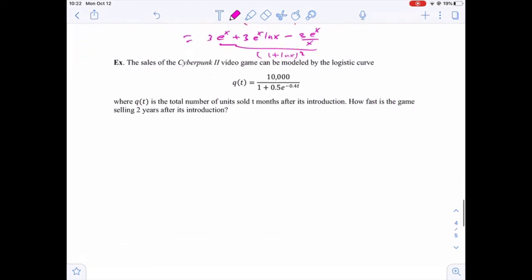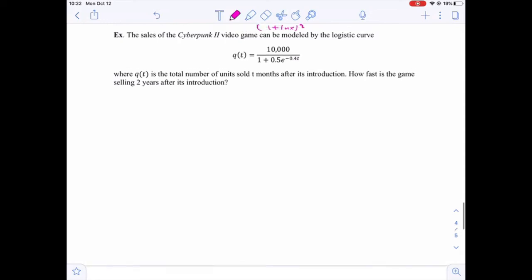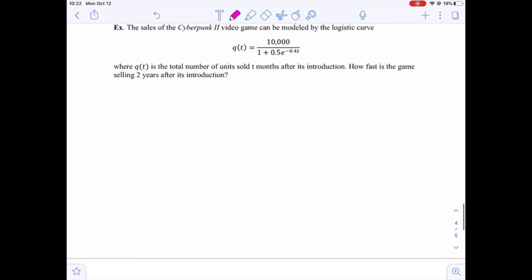Now let's take an application example. The sales of some video game company can be modeled by the logistic curve. This function, Q of t, equals 10,000 over 1 plus 0.5 e to the power negative 0.4 t.